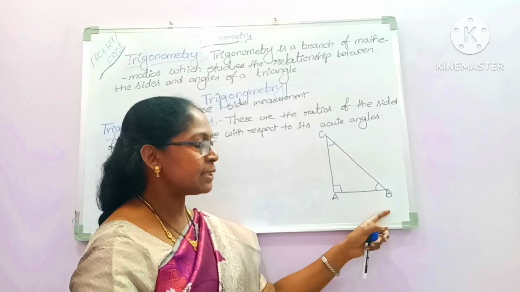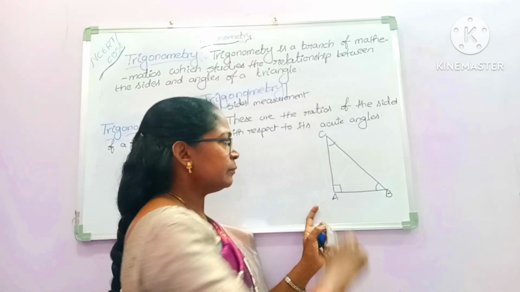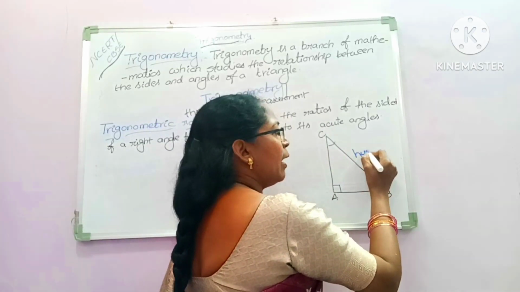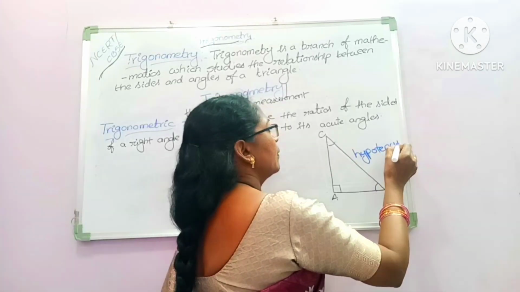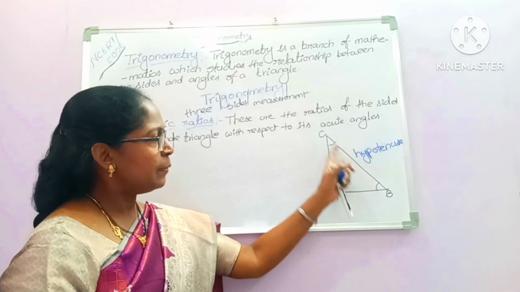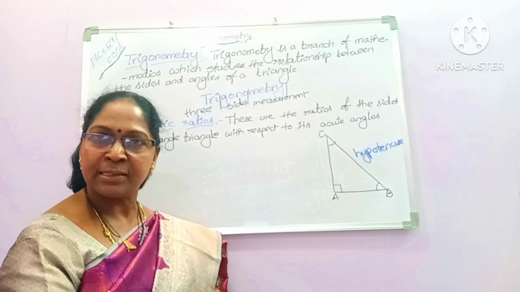BC is the opposite side. Where BC is the opposite side, we call it the hypotenuse. This is the hypotenuse.